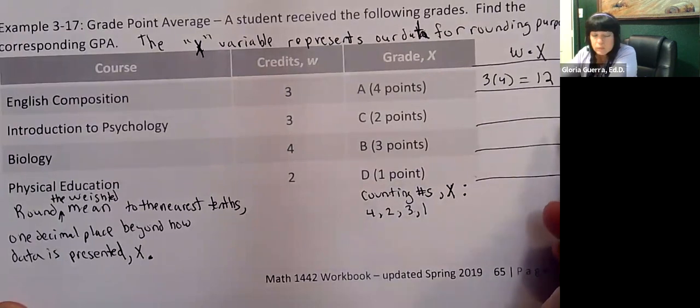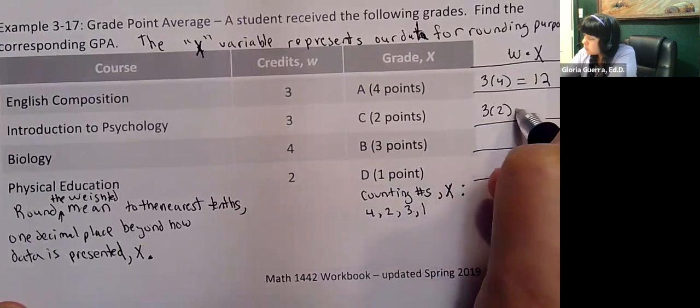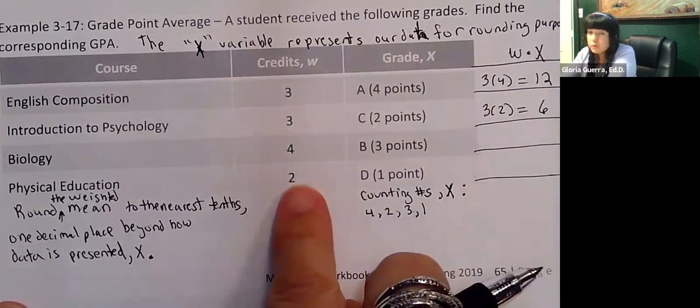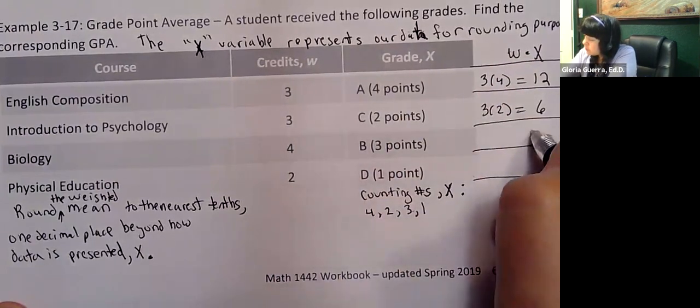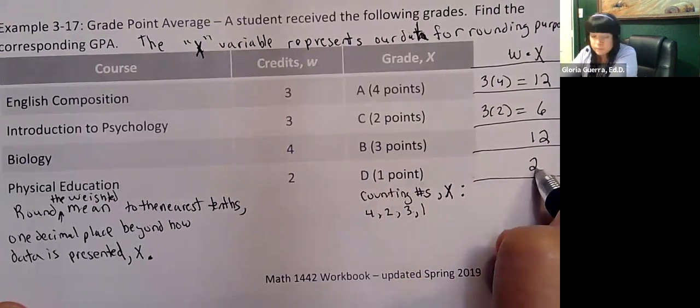This next one's going to be 3 times 2, which is 6. And this is going to be 4 times 3, which is 12. And 2 times 1, which is 2.